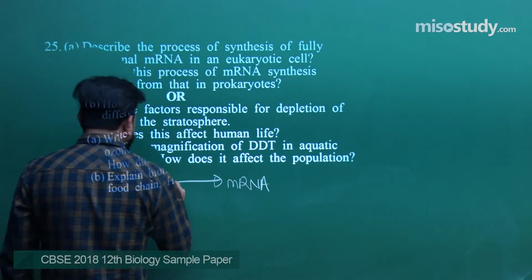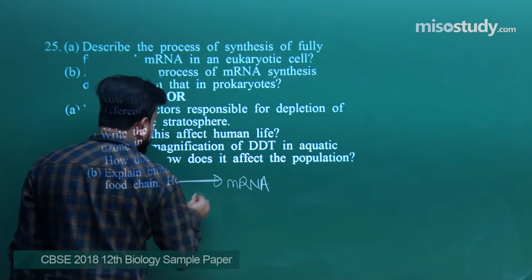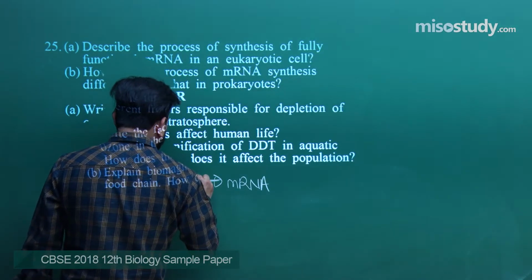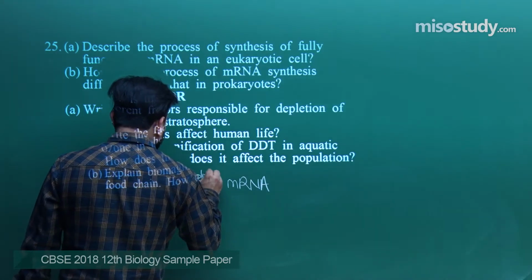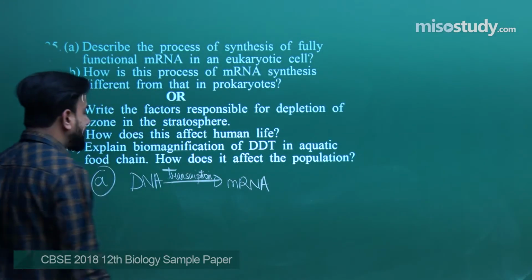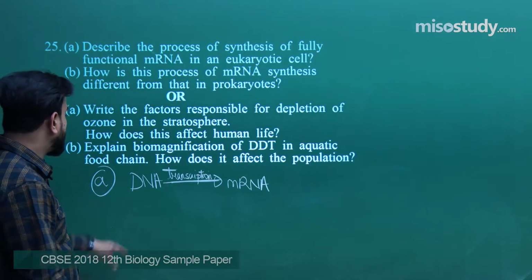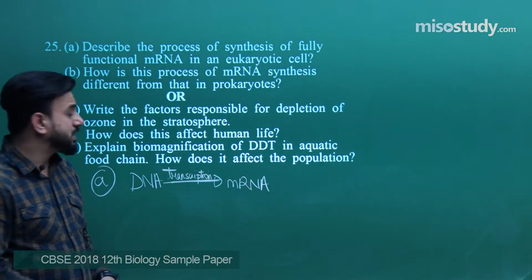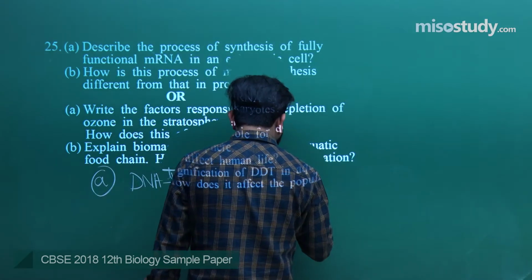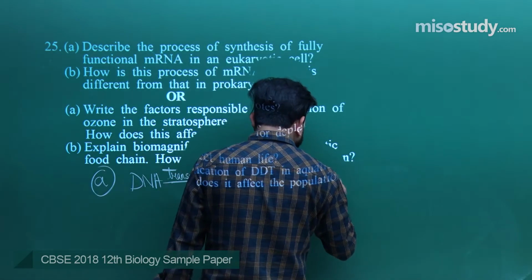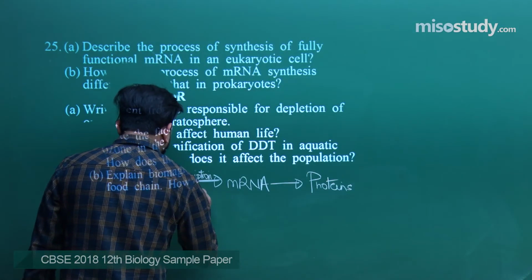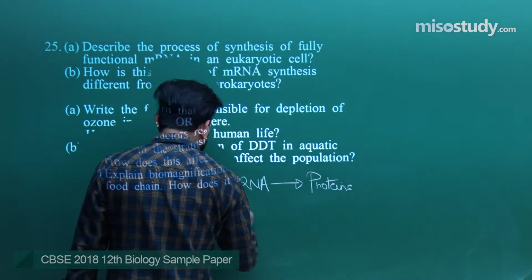This process is called transcription, where from the DNA the mRNA will be synthesized, and from the mRNA the proteins will be synthesized, and this is the central dogma of molecular biology.